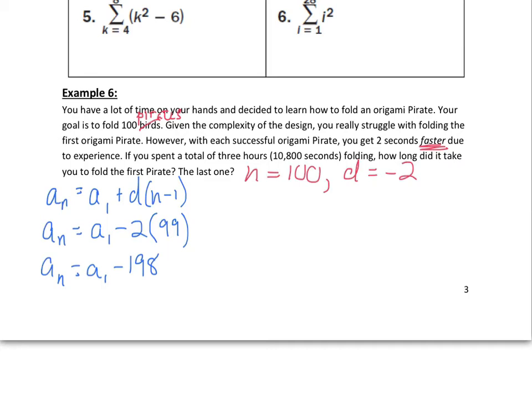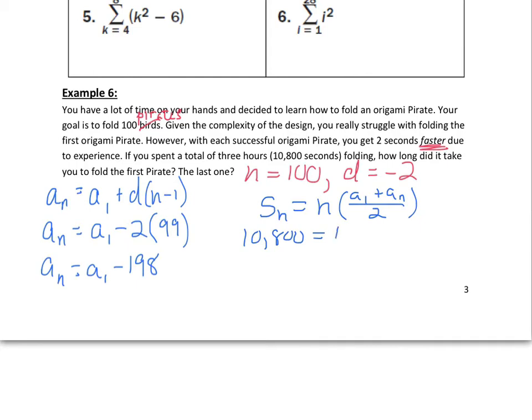However, I can use a second equation, and that second equation is what I come up with using the sum formula, or my arithmetic series formula. S sub n equals n times a sub 1 plus a sub n, divided by 2. All right, now I know some of the stuff going on here. I was told I spent 10,800 seconds folding. That's how much total time I spent.